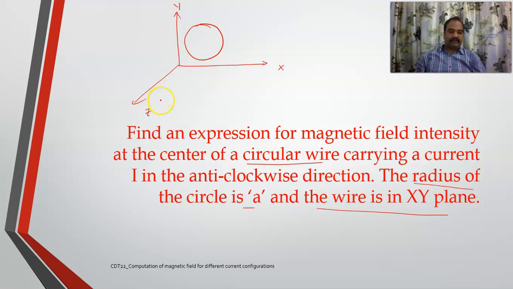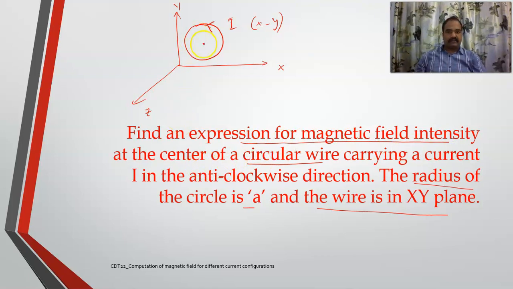This is the circular wire which is carrying current in this fashion, I, and it is in XY plane only. What they want is the expression for magnetic field intensity at the center of the circular wire.